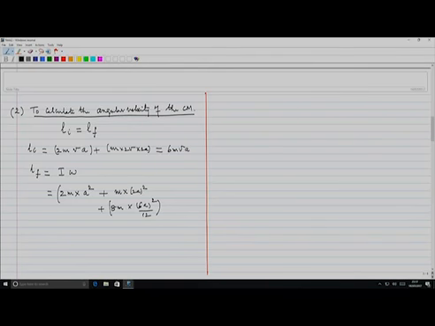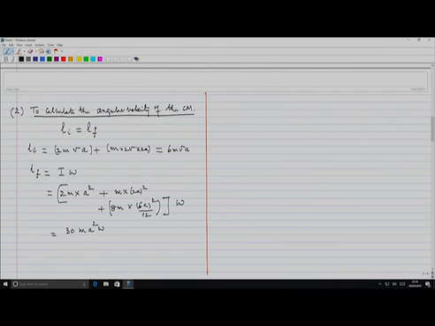This is the moment of inertia of the rod about the central axis. Whole thing times omega. So this will give you 30 m a squared omega.